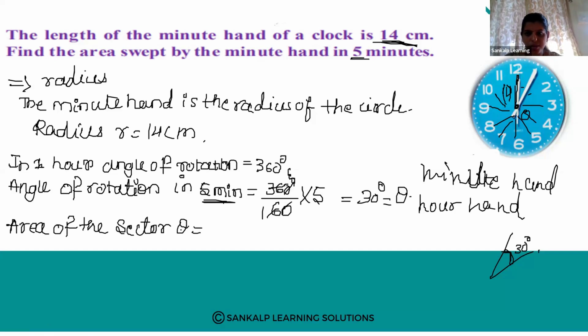Area of the sector of angle theta is theta divided by 360 into pi r square, right? So theta means what here? Theta is 30. 30 divided by 360 into pi, which is 22 divided by 7, and r is 14 into 14.